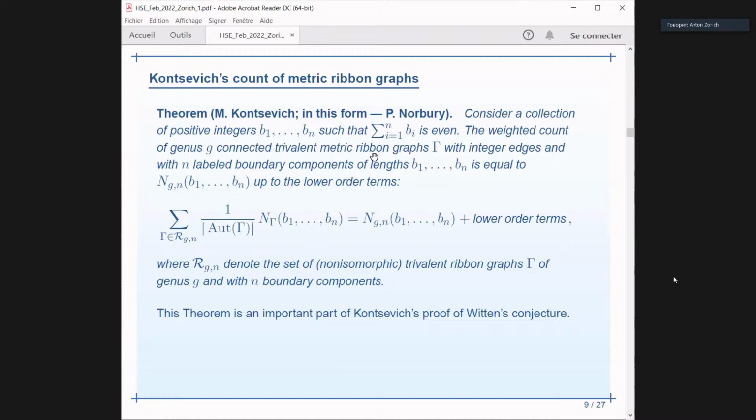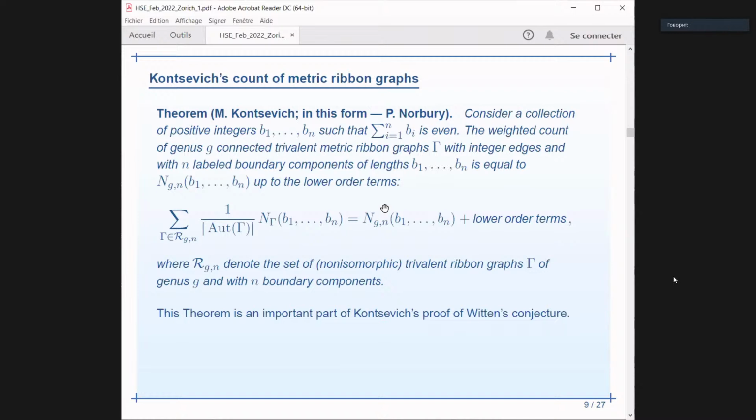But this original statement was somehow sharpened by Norbury in 2010, and he proved that this statement is not only asymptotic, it's an exact statement for all b's, except that you have to consider this N on the right not as a polynomial but as a quasi-polynomial.